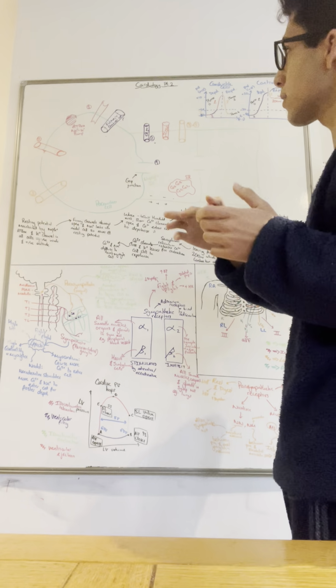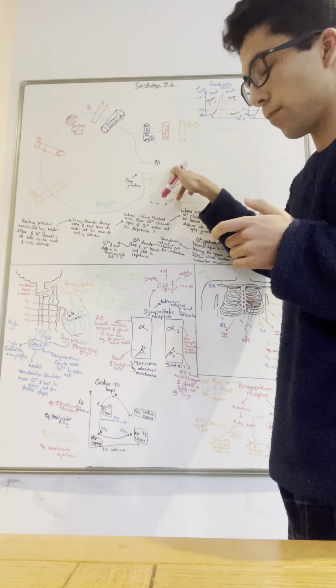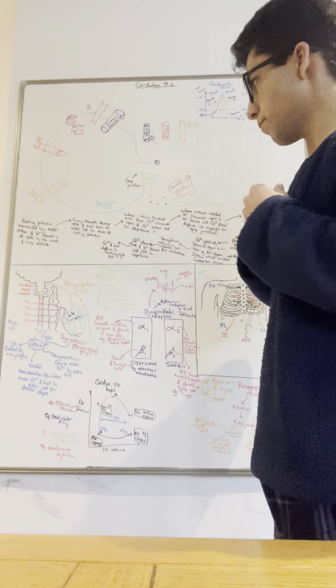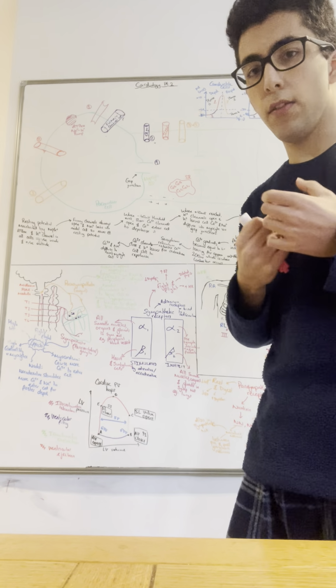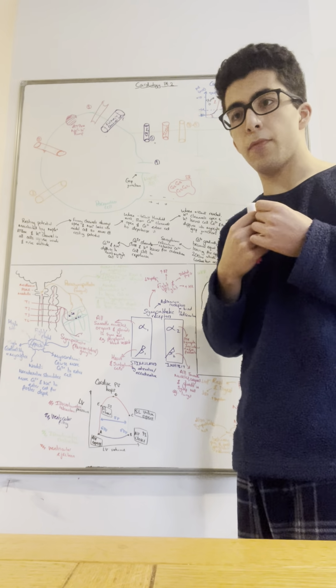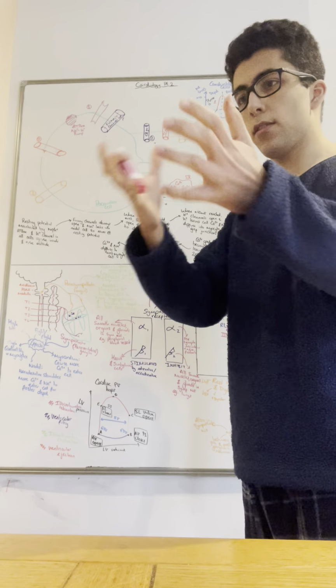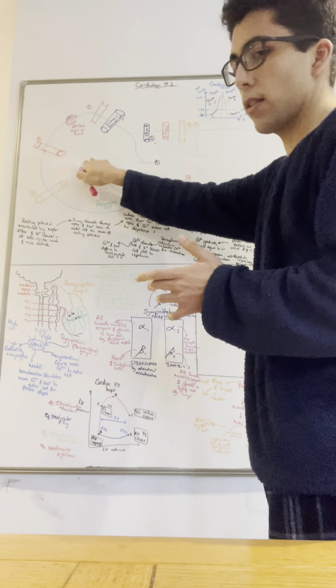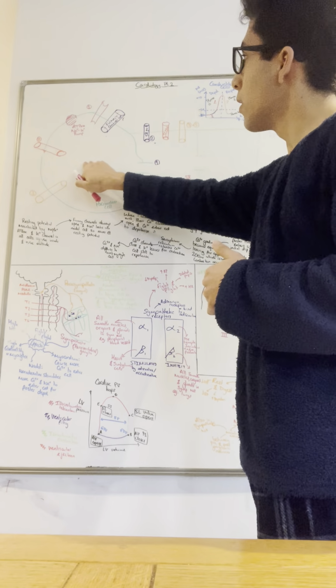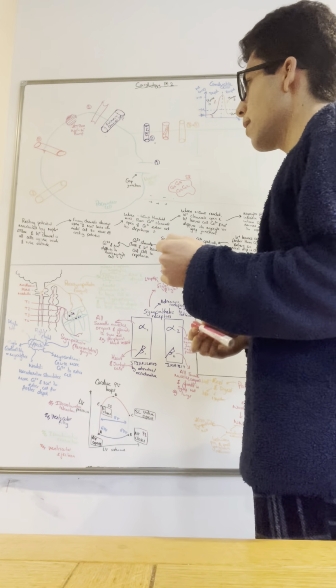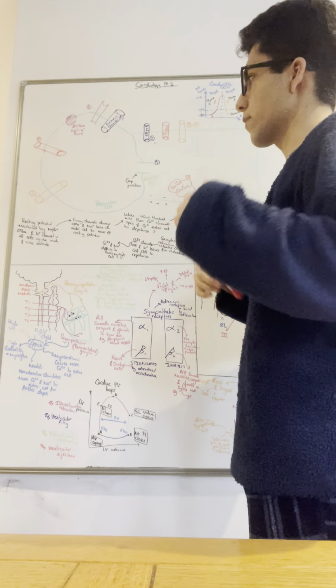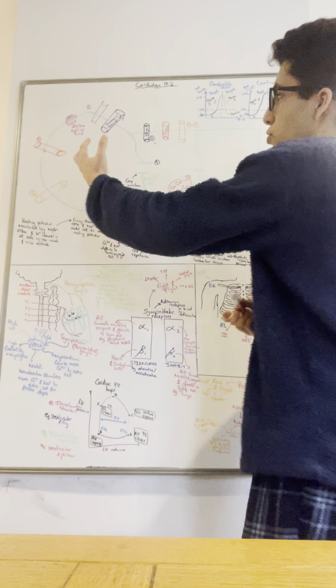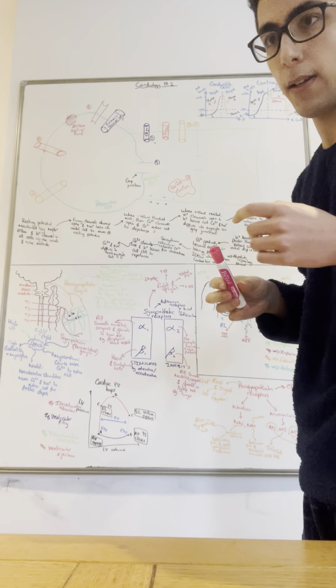So if you excite a muscle cell, it will contract. If you excite an endocrine cell, it will release a hormone. If you excite a pacemaker cell, it'll cause calcium to enter and sodium to enter, and this triggers contraction basically.